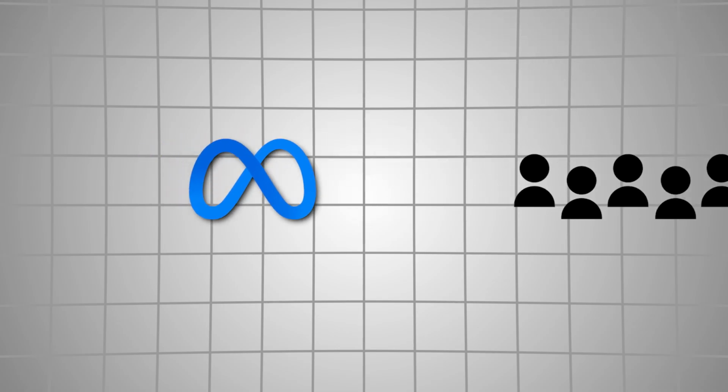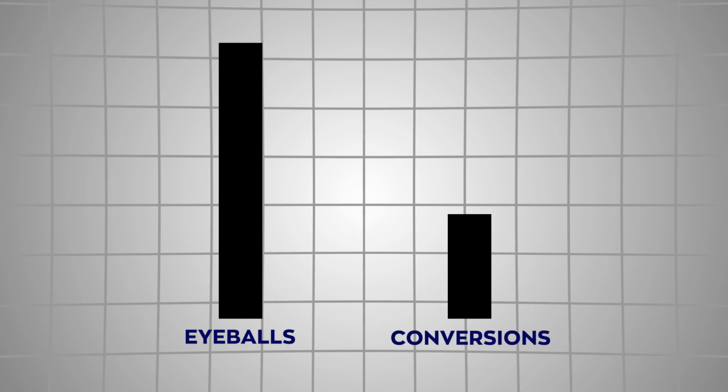And this is particularly important on Meta because Meta actually uses the copy and the visuals in the first 3 seconds of your ads to determine who to show it to. So if you're not clearly communicating who your ad is meant for, you're going to get a lot of eyeballs, but very low conversions.